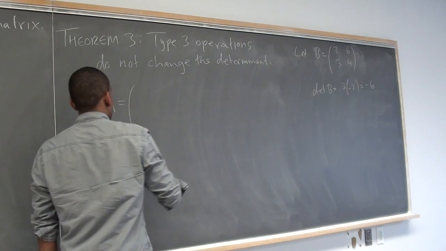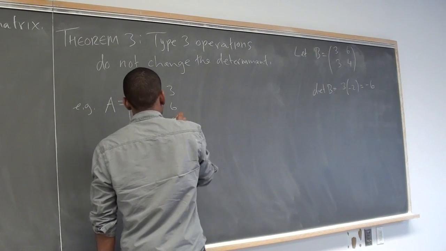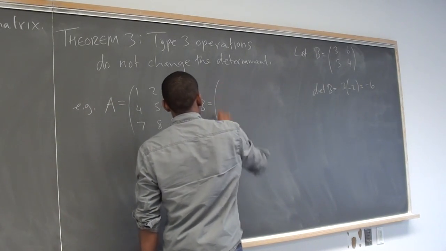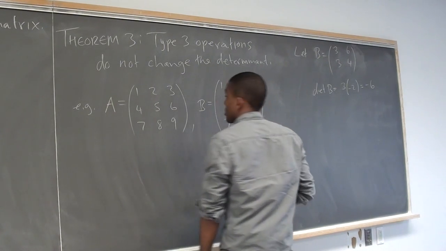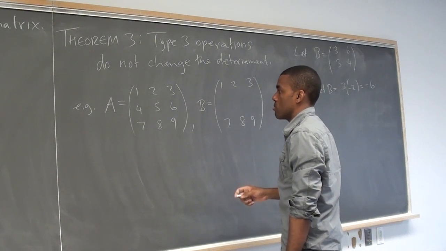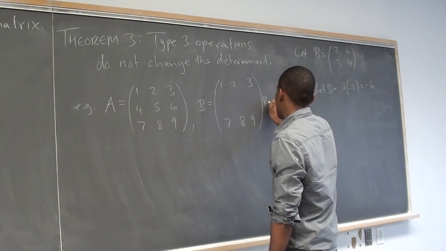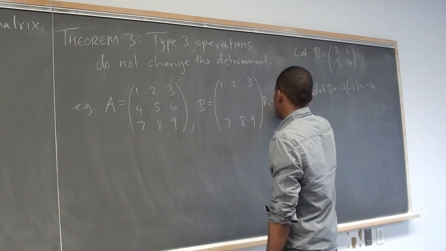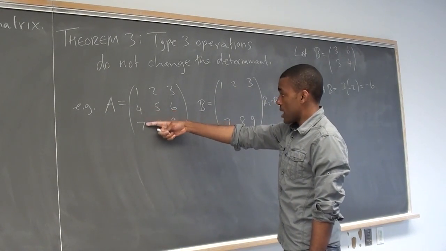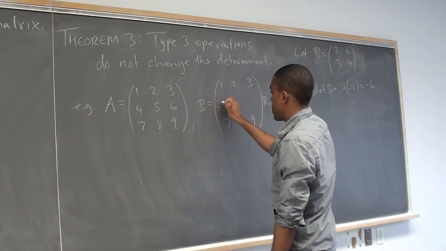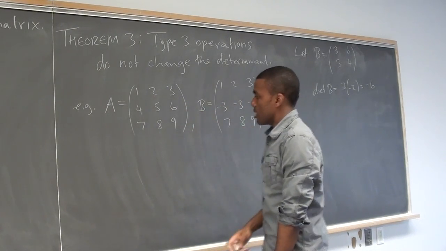A equals 1, 2, 3, 4, 5, 6, 7, 8, 9, and B equals 1, 2, 3, and so on. Doesn't matter. So let's say here I get row 2 minus row 3. So I do 4 minus 7, I get minus 3. I do 5 minus 8, I get minus 3, and 6 minus 9, I get minus 3.